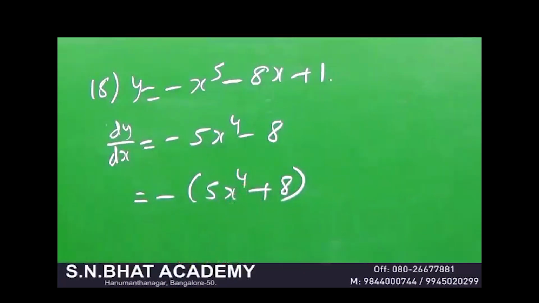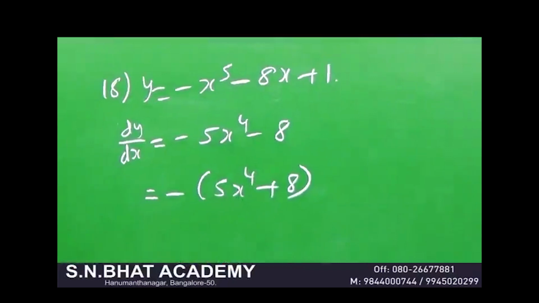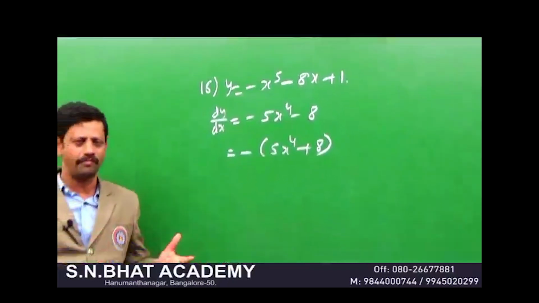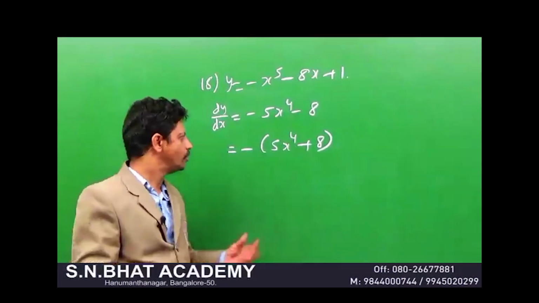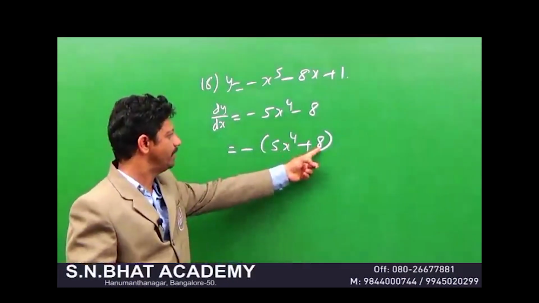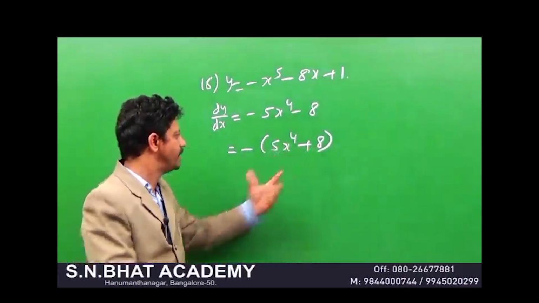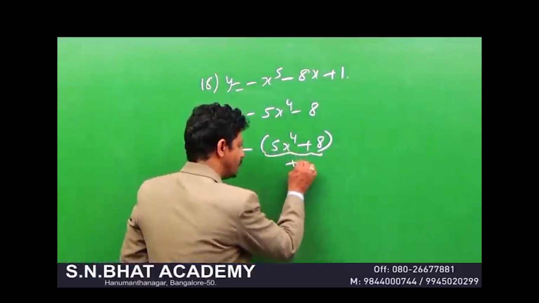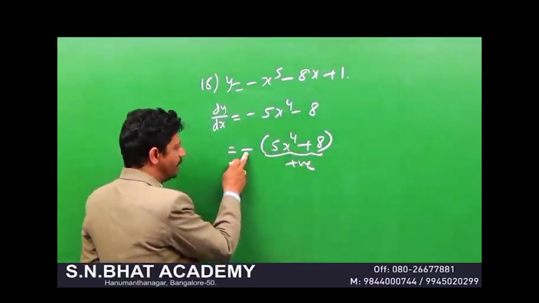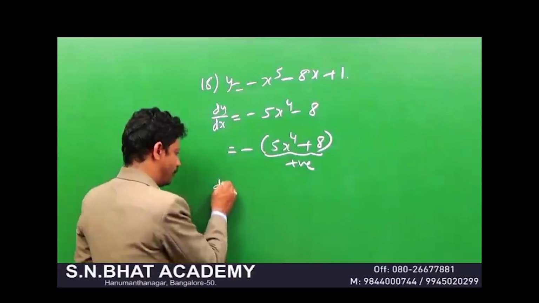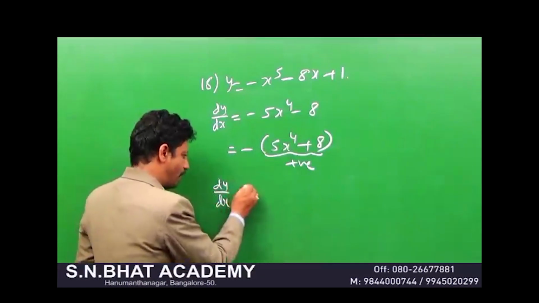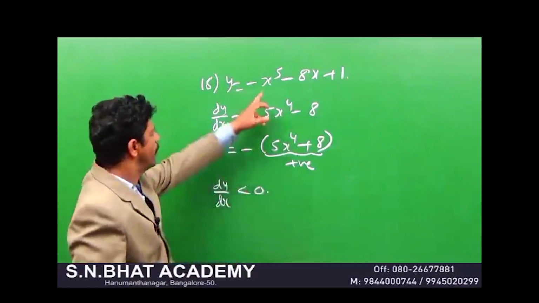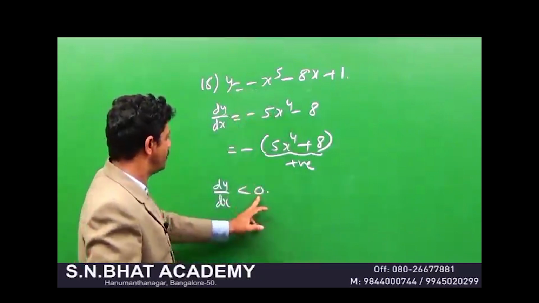All even powers of x, x square, x to the power of 4, 6, 8, 10, are non-negative. So this is non-negative plus 8, which means this whole thing is positive. But we have a negative sign here, so minus into plus is minus. Therefore, dy by dx at every point is less than 0.